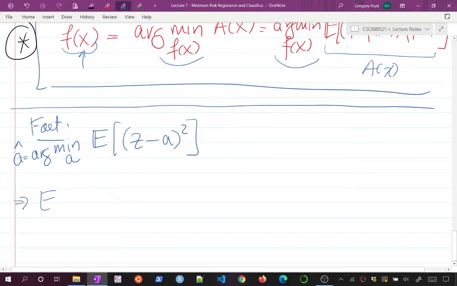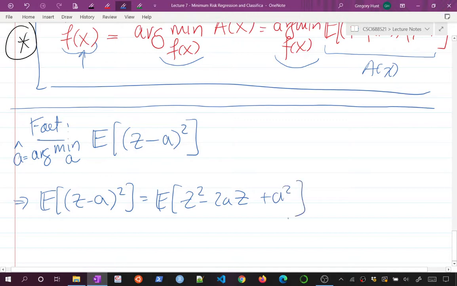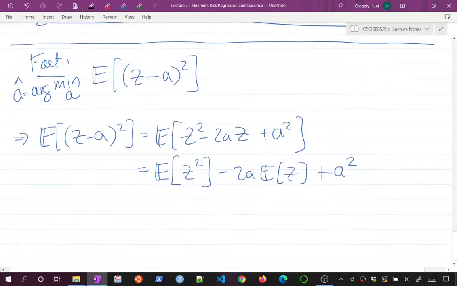Expected value of (z minus a) squared, you can square this all out, z squared minus 2az plus a squared, and this is going to be the expected value of z squared minus 2a expected value of z plus a squared.